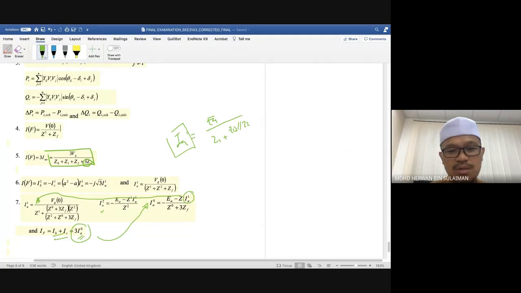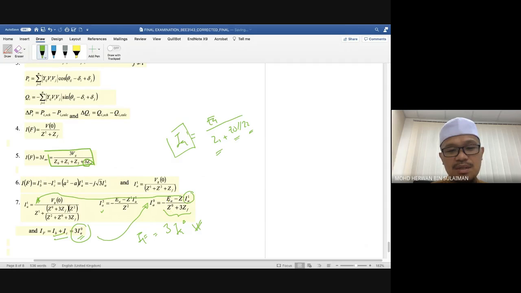So apa yang you perlu dapatkan ialah you calculate your IA1. To get IA1 ini you kena dapatkan Z juga. Z1 berapa, Z0 berapa, Z2 berapa. Kan? Once you dapat IA1, you masuk dalam this equation, dapat IA0, and then untuk cari fault current you just darab dengan 3 saja. Betul, dapat jawapan sama. Jawapan akan dapat sama kalau you cari IB dengan IC. Okay.